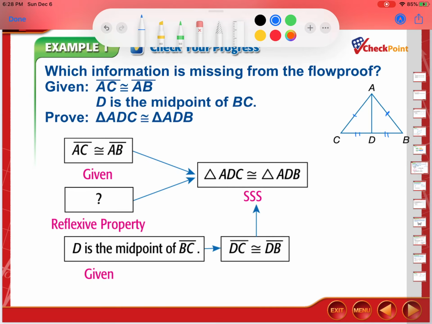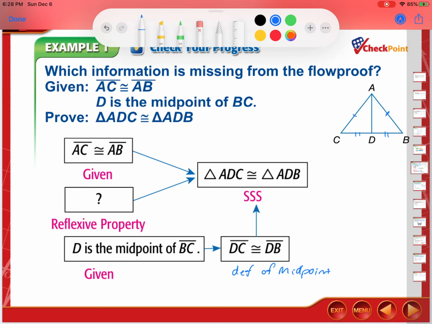So if D is the midpoint of BC, then we know that DC and DB are congruent. They're the same length, and that is by definition of a midpoint. So def of midpoint. So that would be our reasoning for that.